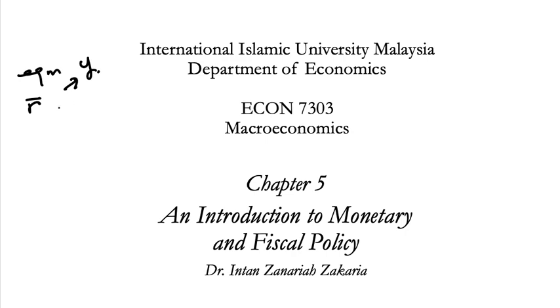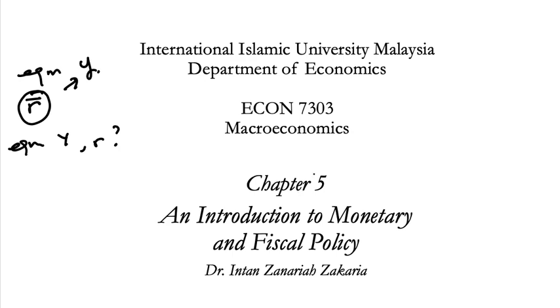But this time around, we relax one assumption, in which we relax interest rate. So we allow flexibility in interest rate, and we analyze what happens to equilibrium income and also equilibrium interest rate if we allow either monetary or fiscal policy to occur in this economy.